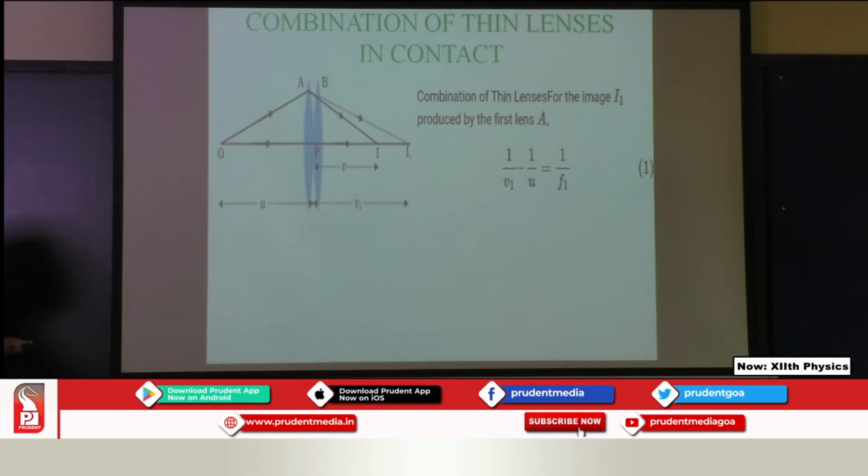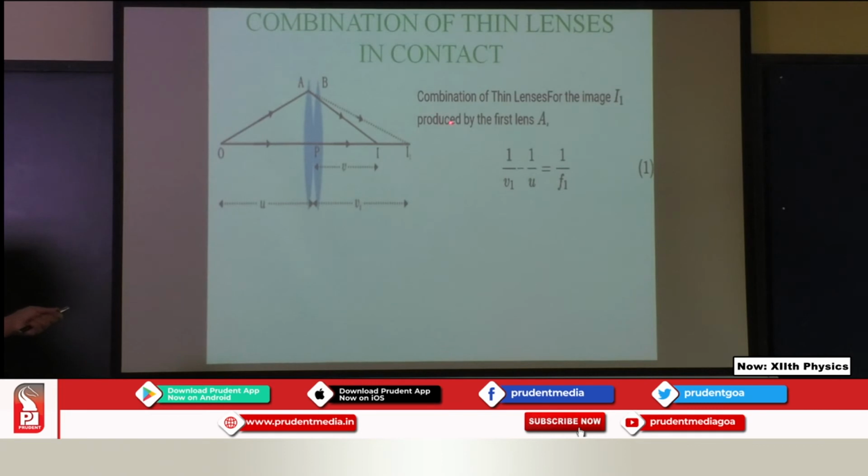So, we will have to use the thin lens formula here. This particular geometry I can show you like this. I have got lens A and lens B. Lens A forms an image I1 of the object, which acts as an object for the second lens, and the final image that we have got is at I.